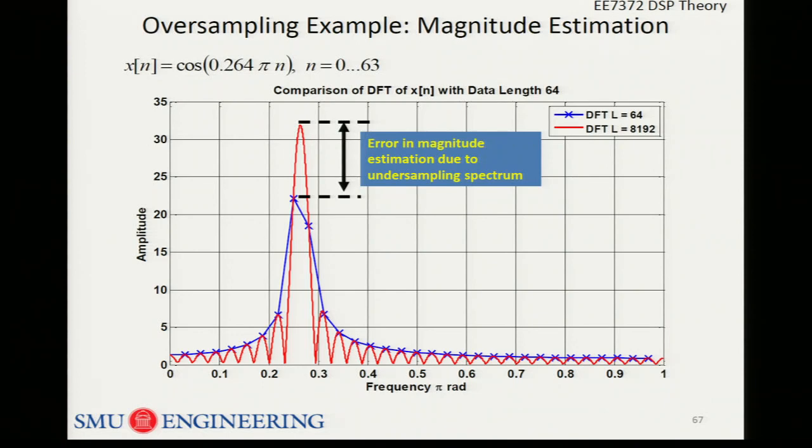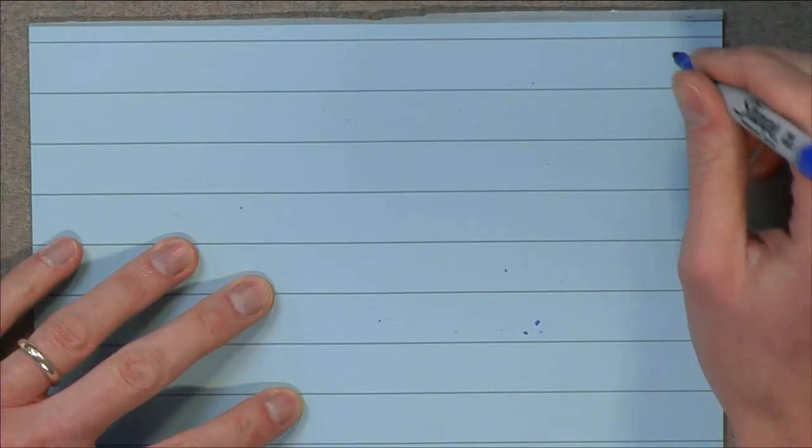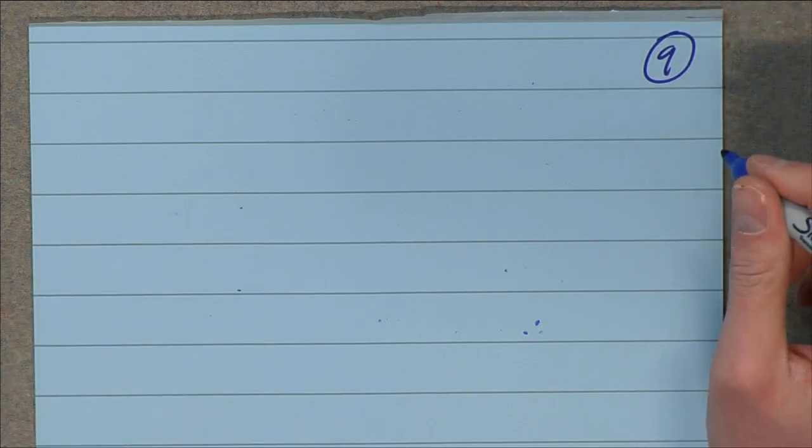That might be the right answer here. Just trying to find it. So let's see, what sort of example problem could we have for spectral estimation?